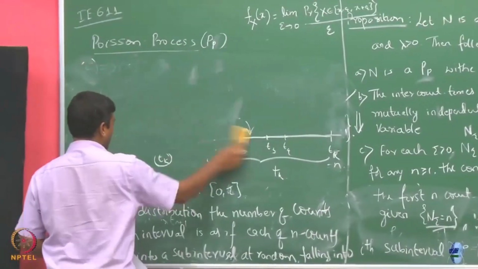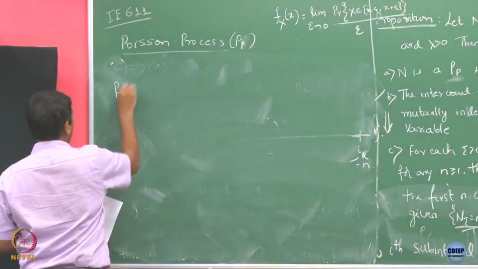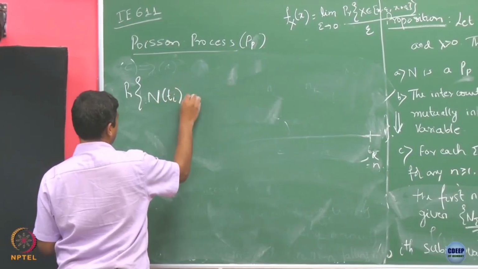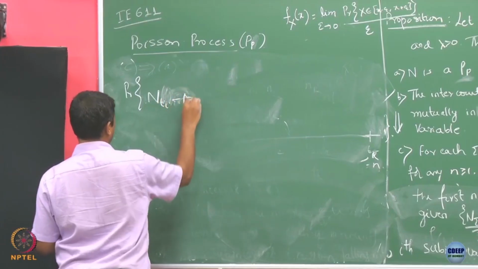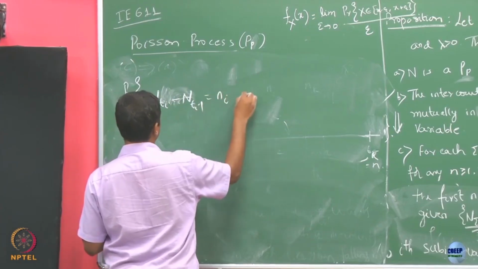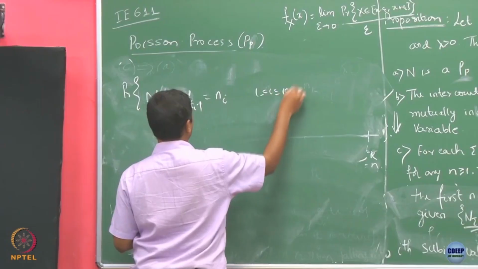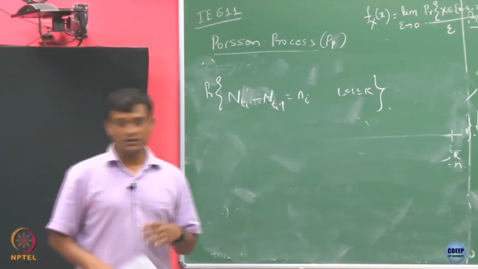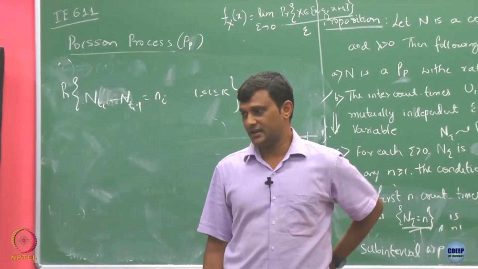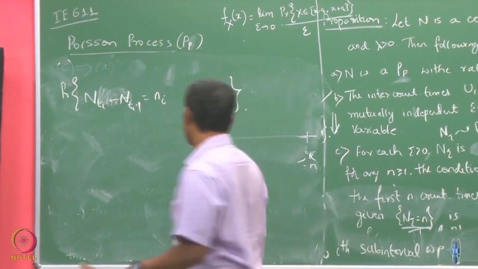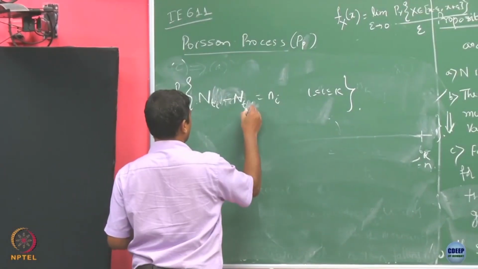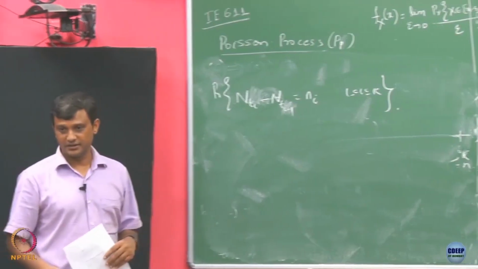Now finally, how to exploit this? Suppose, let us say, N(ti) minus N(ti-1) is equal to ni, let us say for all i equals 1 to k. So let us compute this probability. I want to compute that in the interval between ti and ti-1, there are ni objects.